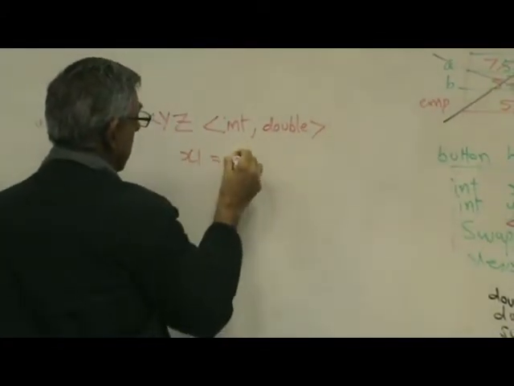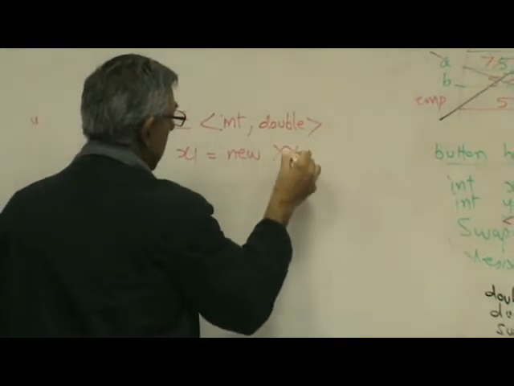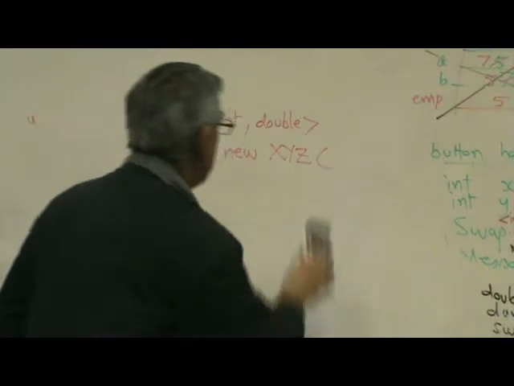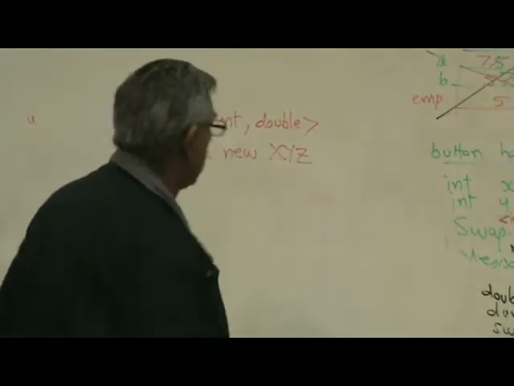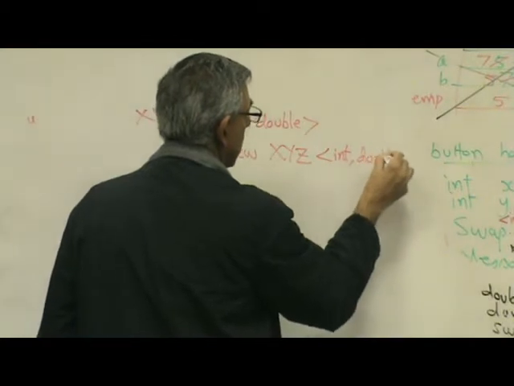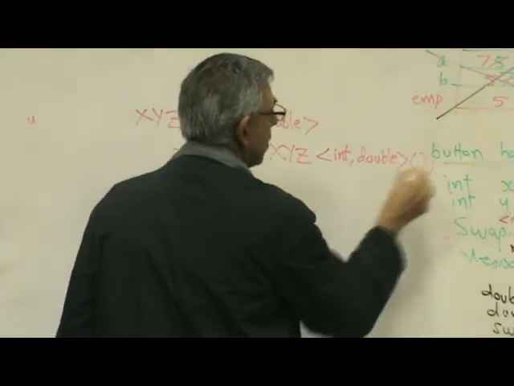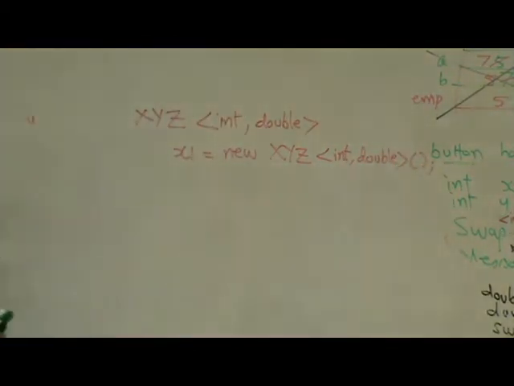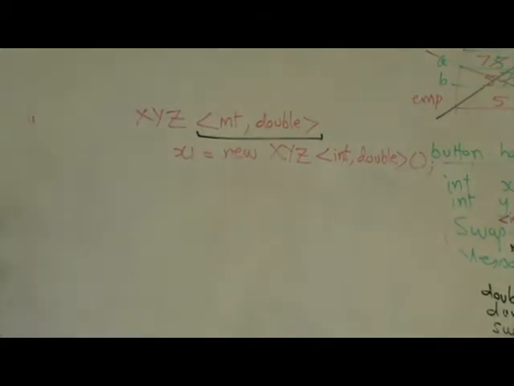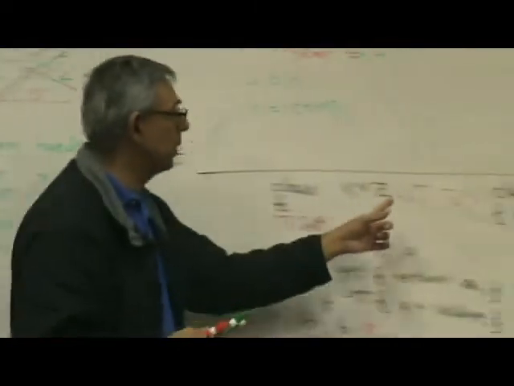Then x1 equal to new XYZ, same thing, int, comma, double, and then left paren, right paren. So the extra part that's getting added is basically the less than greater than signs and the actual data types that we wanted the two generic parameters to be.